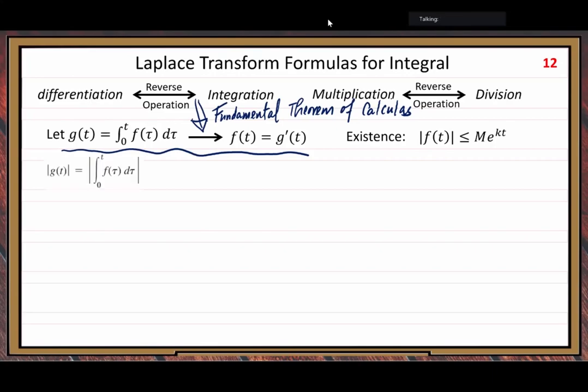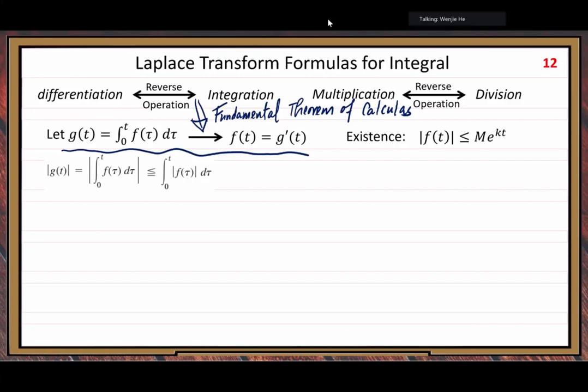Then, if this condition is given, can we derive that the little g function also satisfies that condition? Then we can apply Laplace transform on the g function. Let's do the calculation.